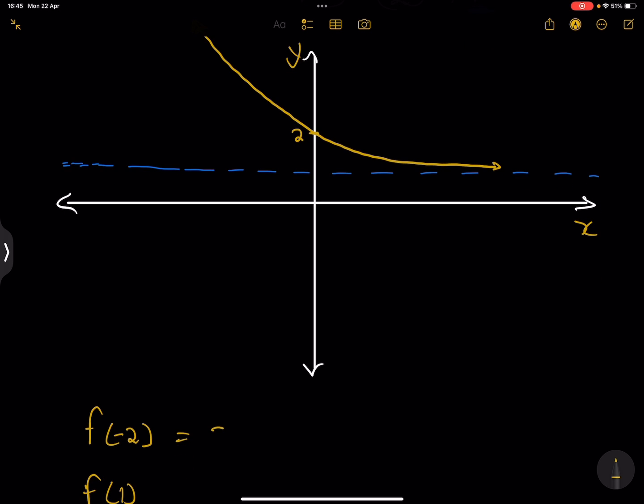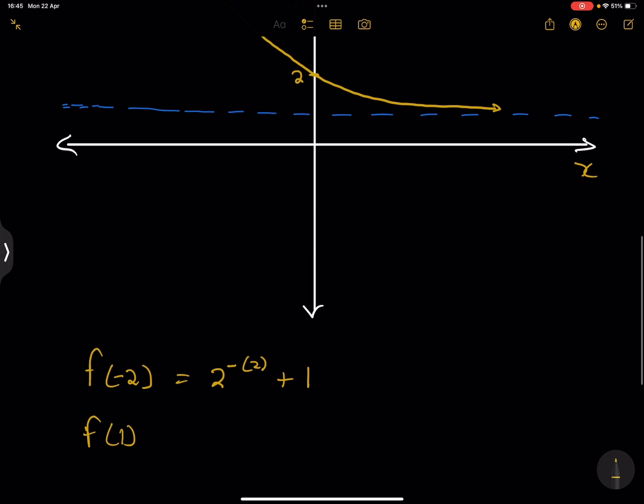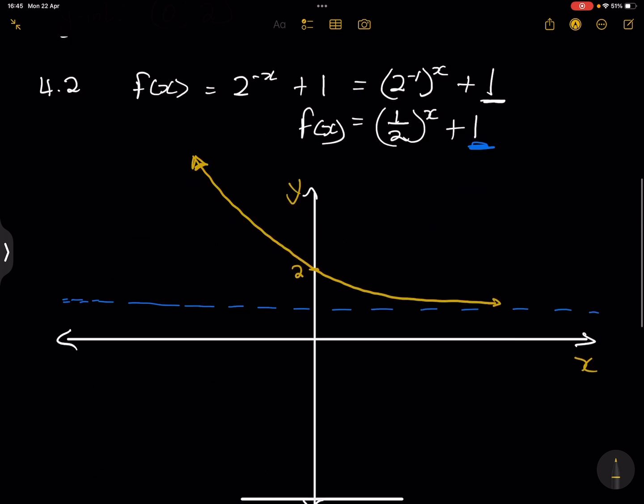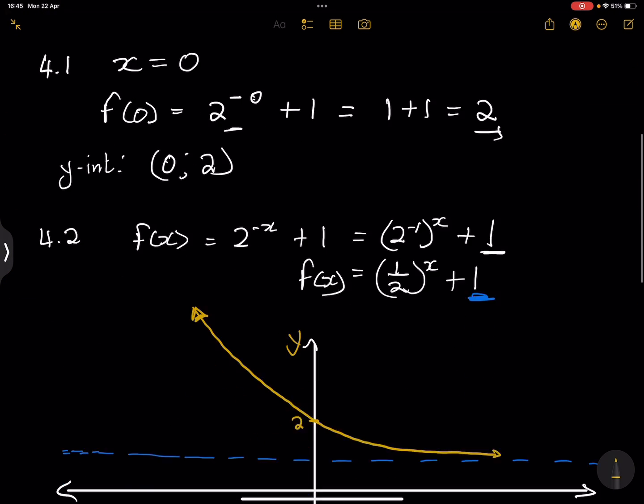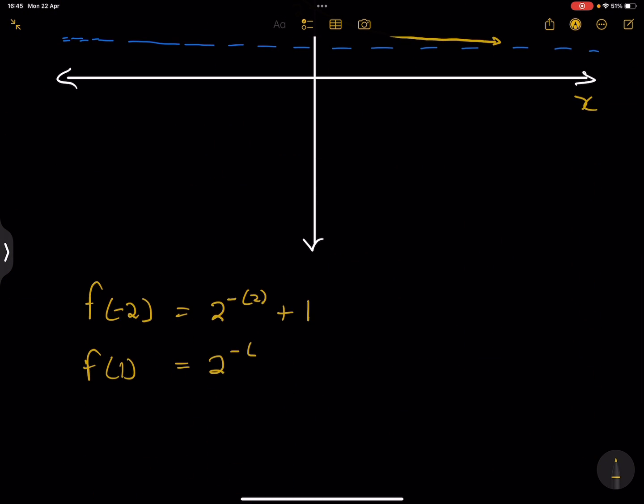So f of minus 2 would be 2 to the power of minus 2 plus 1. Sorry, that was minus 2, so that's negative 2, and that gives us 5.